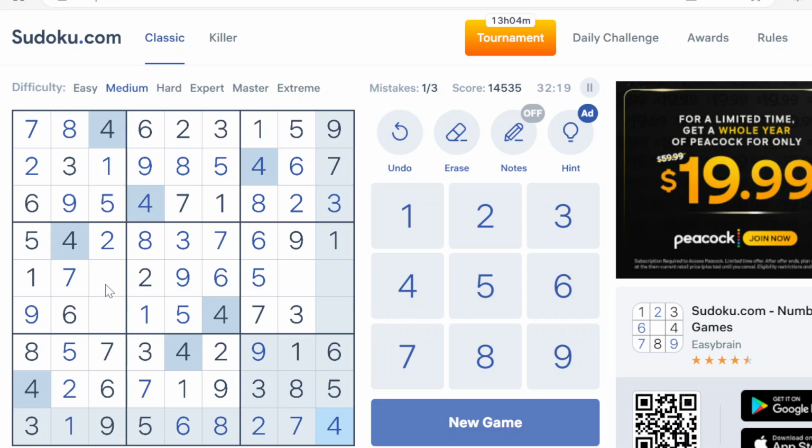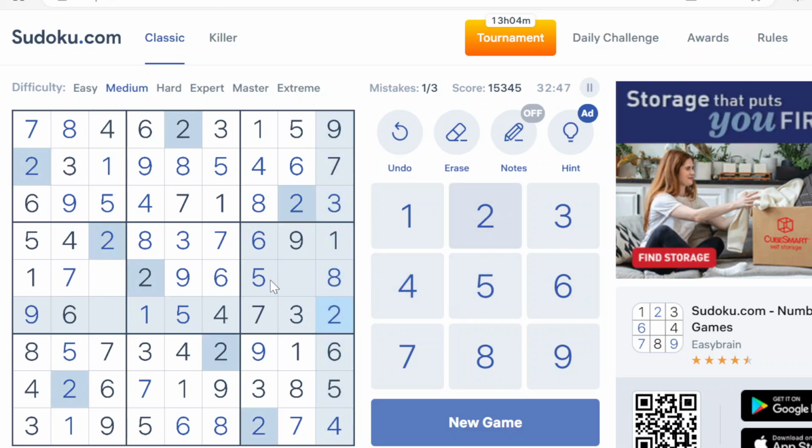Okay, we're almost done. We have literally just 5 boxes. So 1, 3, 7, 9, 6, 5, 4. So we're missing a 2 and an 8. And this one can't be 2 because there's already 2 in the same row, so this one has to be 8. And this one has to be 2.